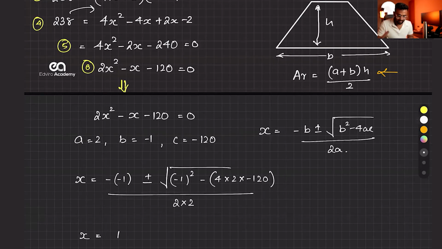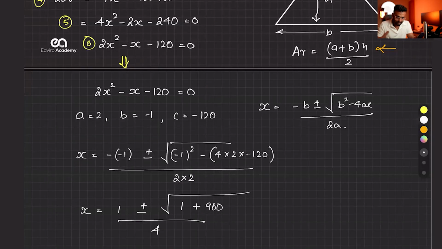I would simplify it: plus minus 1, and I would have a plus, and that is 8 times 120, which is 960, divided by 4. Okay. And if I simplify this a little bit further, that would look like square root of 961 over 4. And this would then further simplify to two answers. If you put in your calculator, you're going to get 8 and minus 7.5.